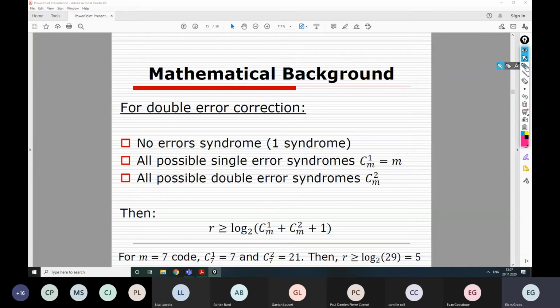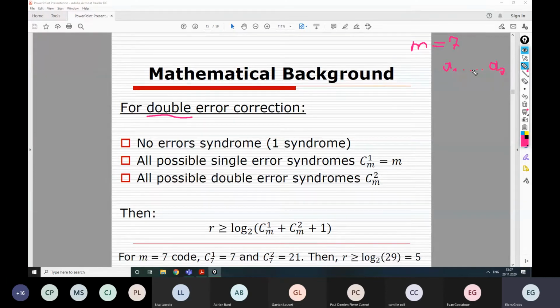And then consider the case when we need to correct 2 errors per code word. For example, code word length 7. And we'd like to be able to correct any combination of 2 errors in these 7 symbols. So we send some 7 symbols from A1 to A7.